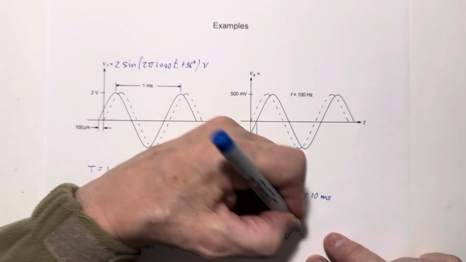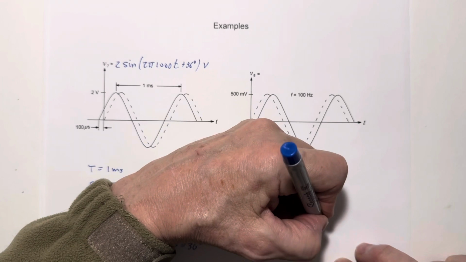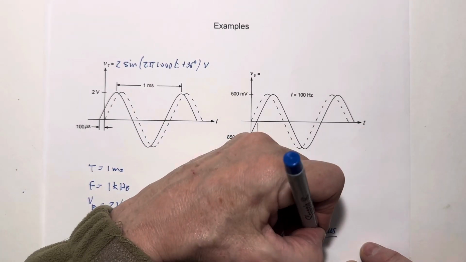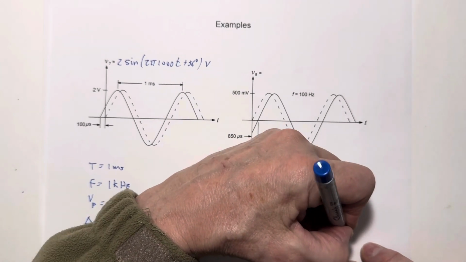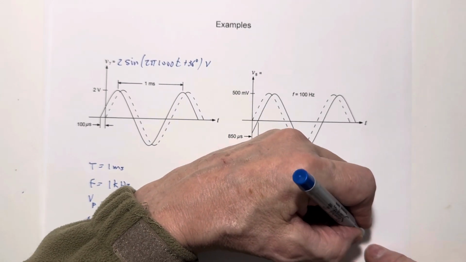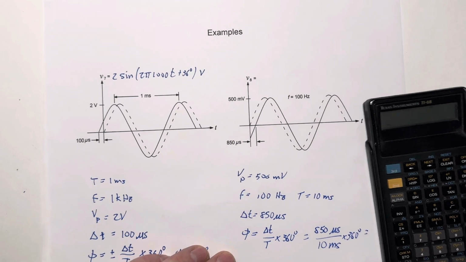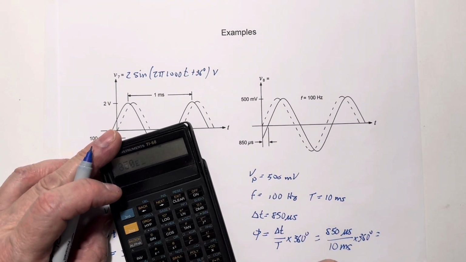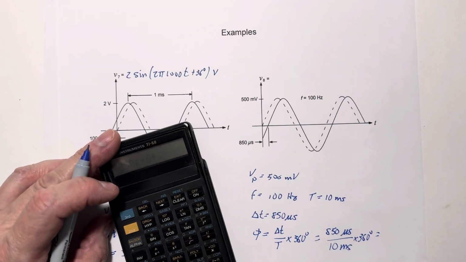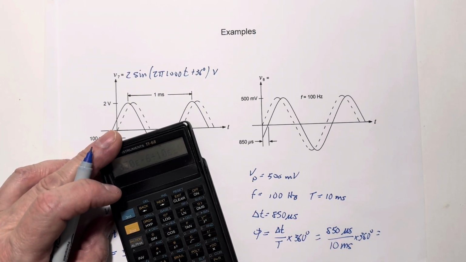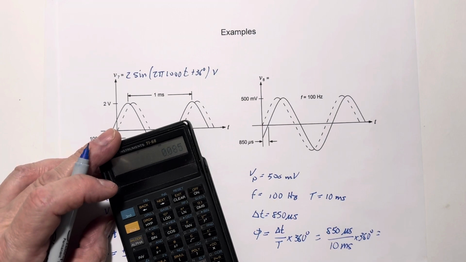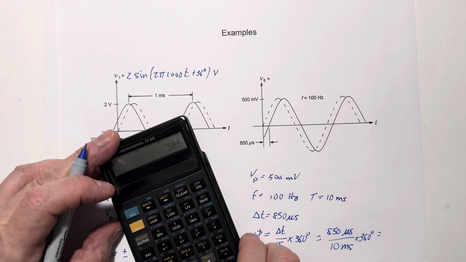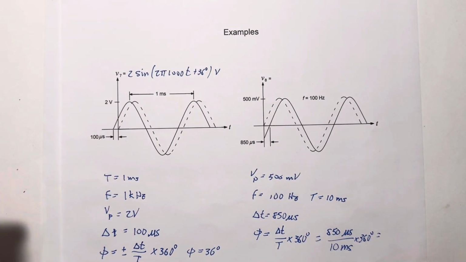So our phase angle for this one, and it is lagging, is delta T over T times 360 degrees, which is 850 microseconds divided by 10 milliseconds times 360 degrees. Let's see what we get for this one. 850 micro divided by 10 milli times 360 is 30.6 degrees, but it's lagging.